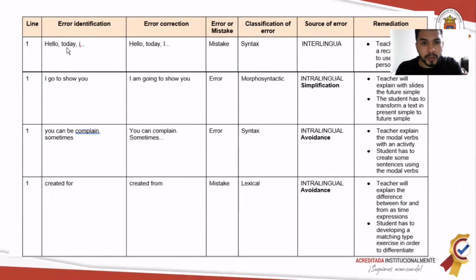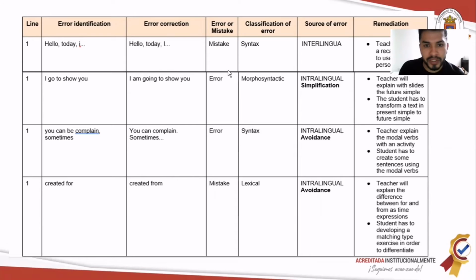Okay, so let's start with this analysis. In the first one, this is a mistake because the student only confused and wrote the first person pronoun in lowercase, and this pronoun must always be in capitals. The second one is an error because the student doesn't know the structure of the future simple.